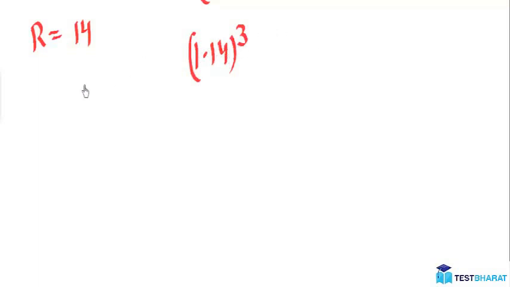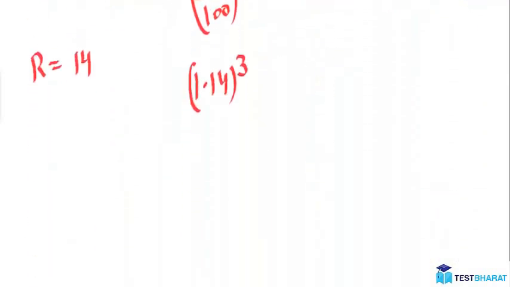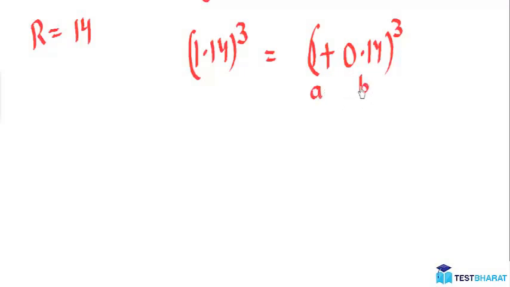As you guys know, a plus b whole cube is a cube plus b cube plus 3ab into a plus b. So here also we can split it into 1 plus 0.14 whole cube, and my a is 1 and my b here is 0.14.